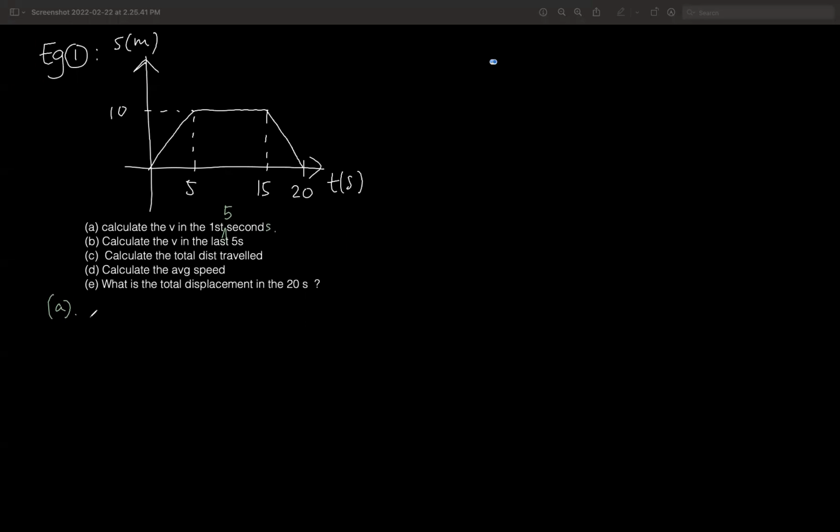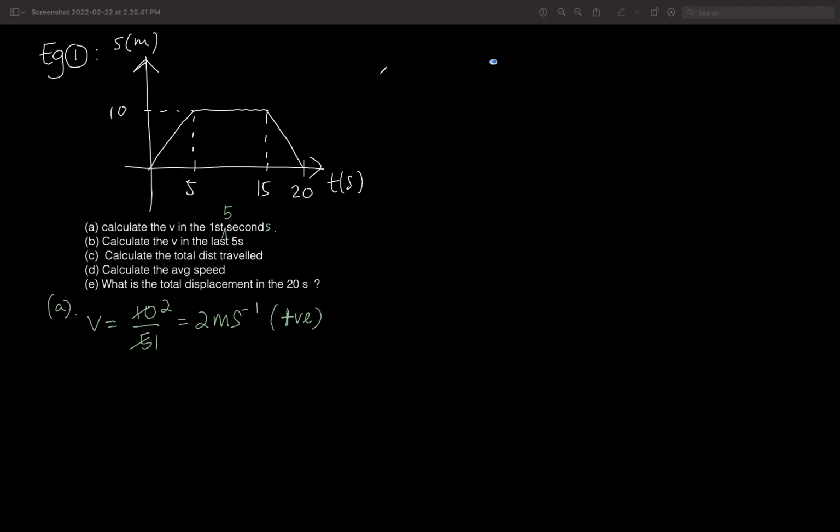Okay, so you just do the gradient. v equals 10 divided by 5 equals 2 meters per second. Okay, is it positive or negative? The gradient is sloping up, so it's positive. That means the object is moving to the right.